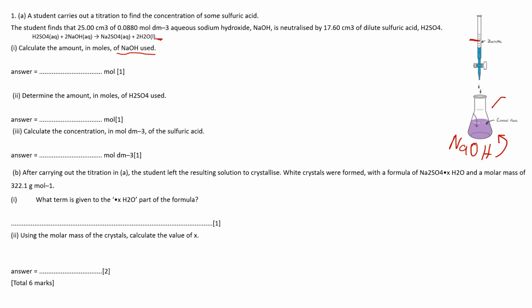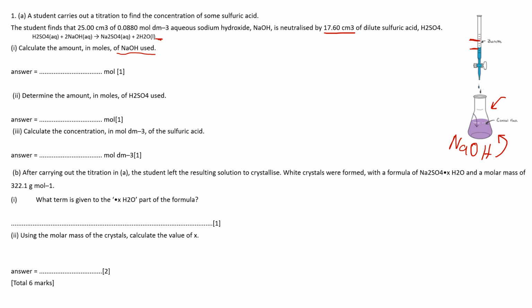There's an indicator here as well. As soon as the color of our base changes, we know that neutralization is successful, and then we measure the volume of the acid at the end of the experiment, and our delta here is the volume, which in this case is 17.6 cm³.